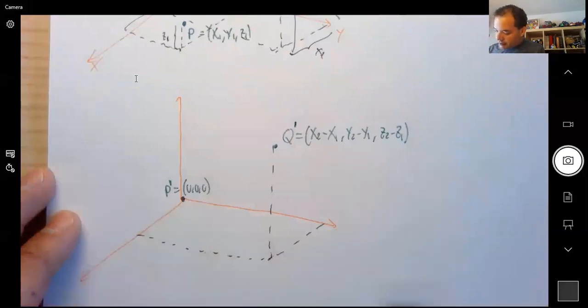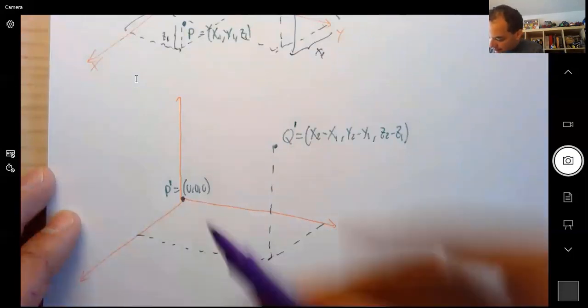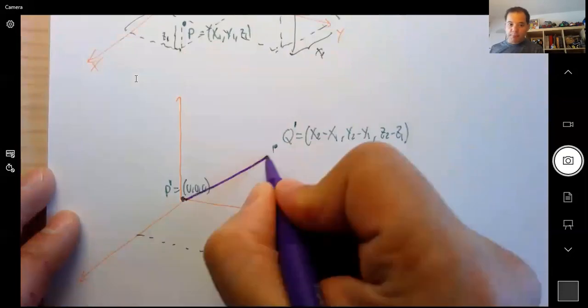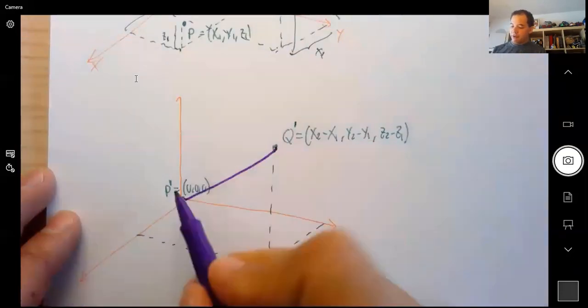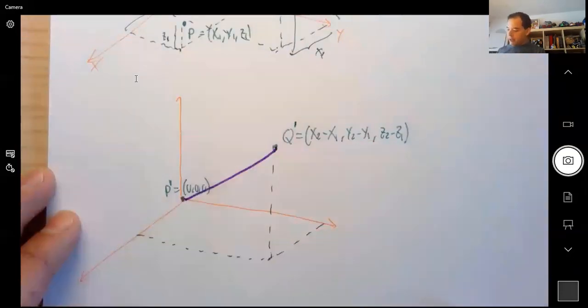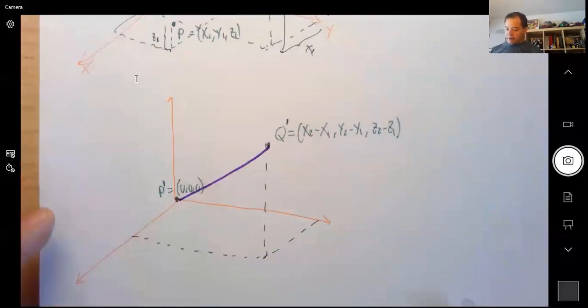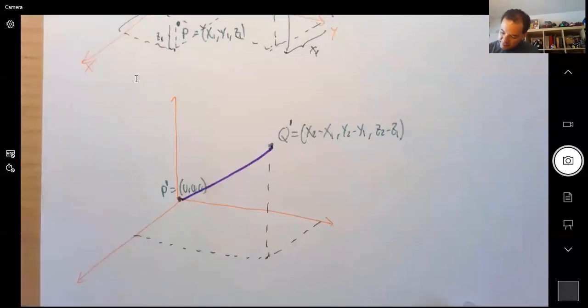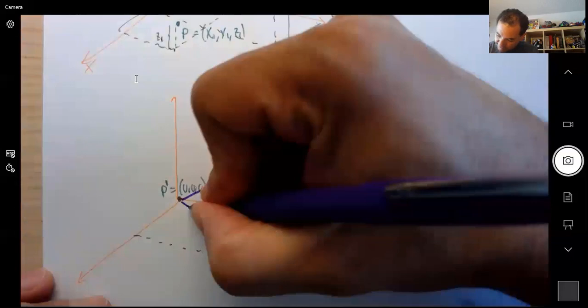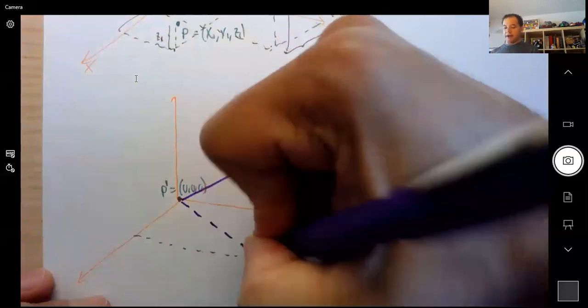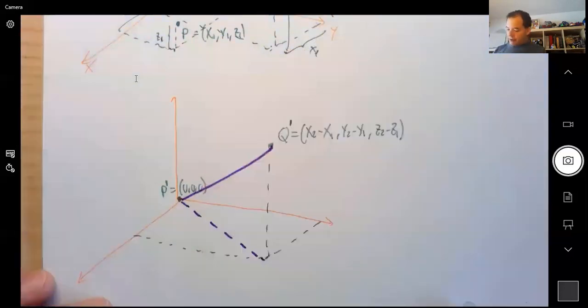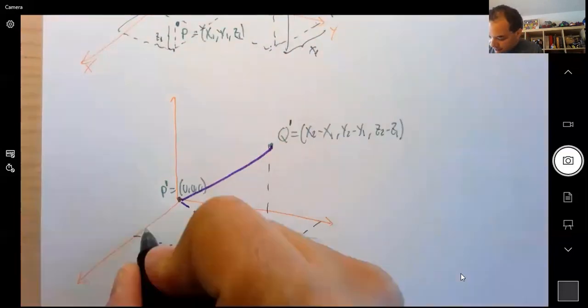So what I want to know is, what is this length? The purple length from P prime to Q prime. And we're gonna do it in 2 steps. First, we're gonna find out this dotted purple line. What is the length of that one? And to do that one, we're going to use this right triangle, right?